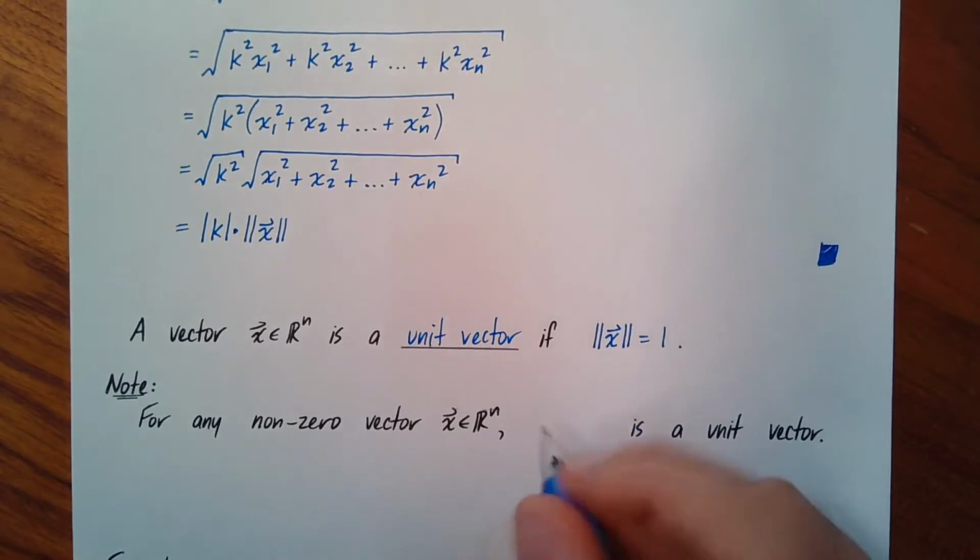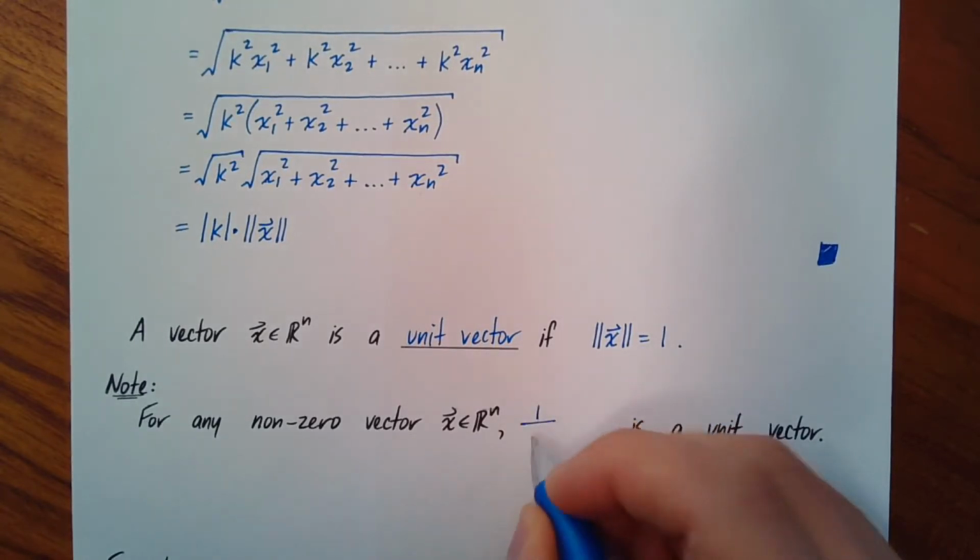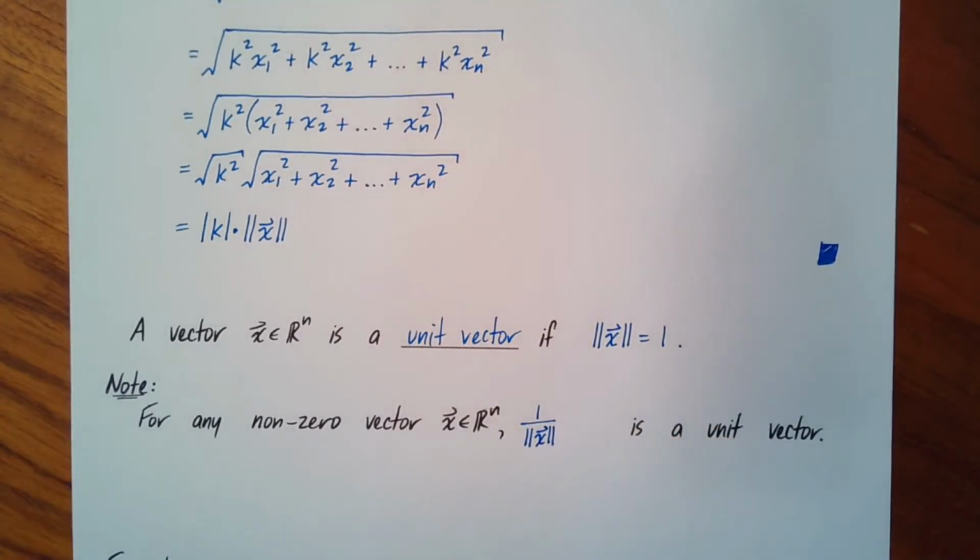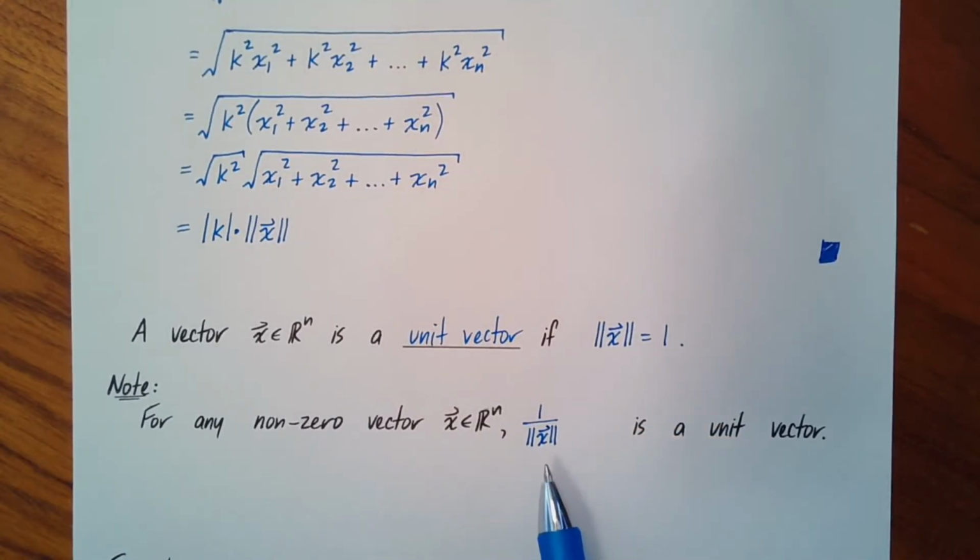If I take 1 over the norm of x, that is guaranteed to be a defined number, right? The only way this wouldn't work is if the denominator were equal to 0. But the norm of a non-zero vector can never be 0. We just proved that. So this is guaranteed to be a positive number if x is a non-zero vector. So that's why this is definitely a sensible fraction.